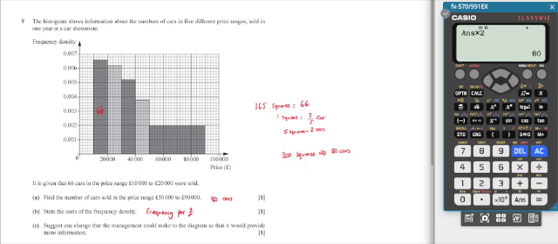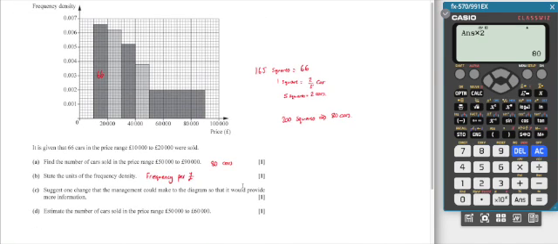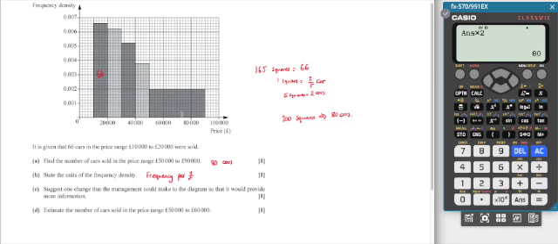Suggest one change management could make to the diagram so that it would provide more information. Well, you've got a massive blob in this last area, so put more class bounds. So something like break up the 50,000 to 90,000 block. Something about you want smaller intervals.